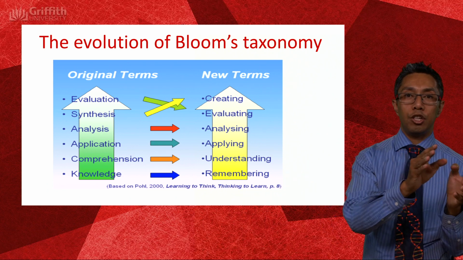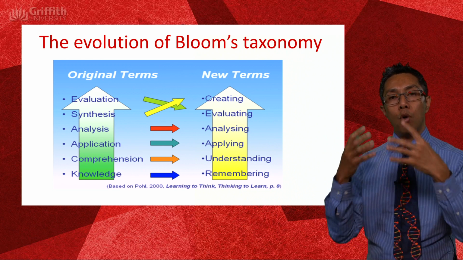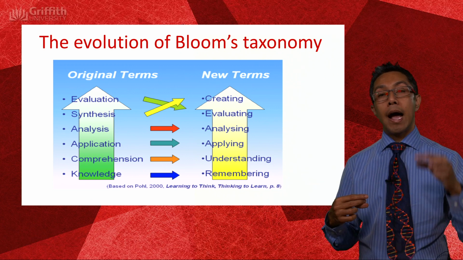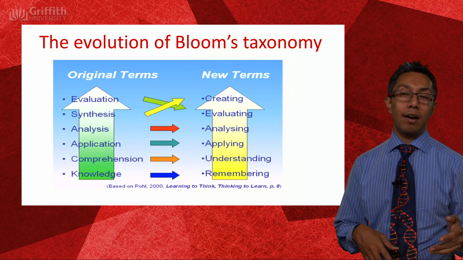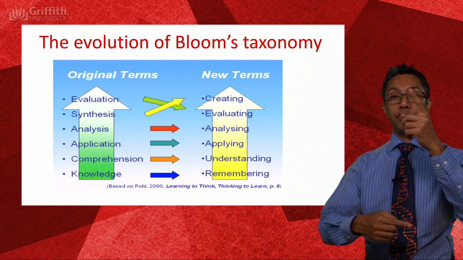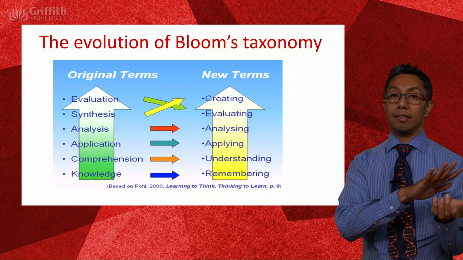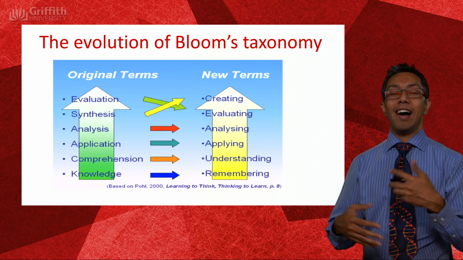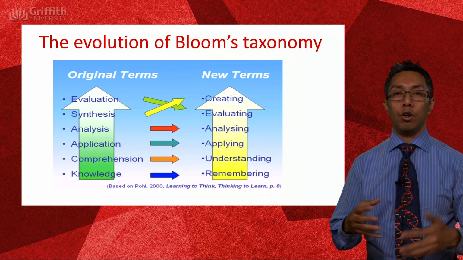Knowledge didn't become knowing, it actually became remembering, and that was a more accurate representation of what you're actually doing at that level. Another significant change was at the higher levels with evaluating and synthesizing. Not only did they switch positions, but synthesis didn't become synthesizing, it became creating, and that was just a more everyday use of the word.